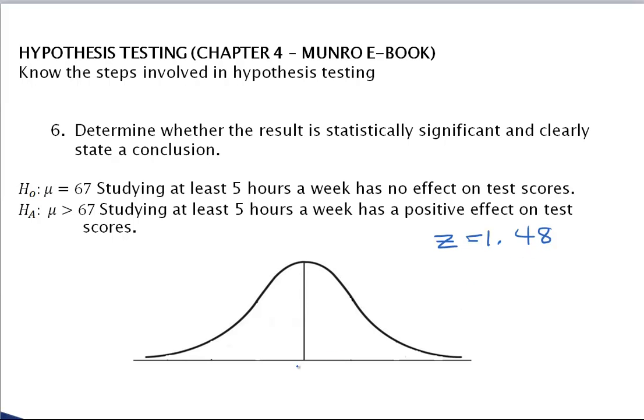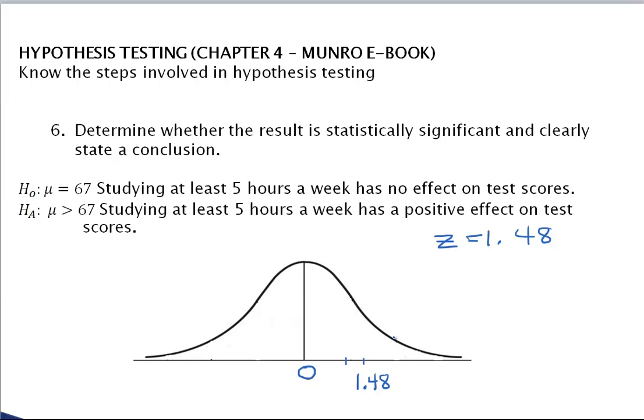And then I know the mean is always in the middle, and then 1.48. So let's say 1 is here, and then 1.48. It would be like between 1 and 2. So 1.48 is how far away from the mean this z-score is, or how many standard deviations from the mean.